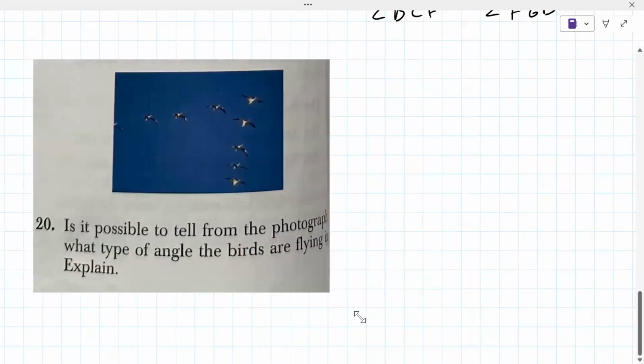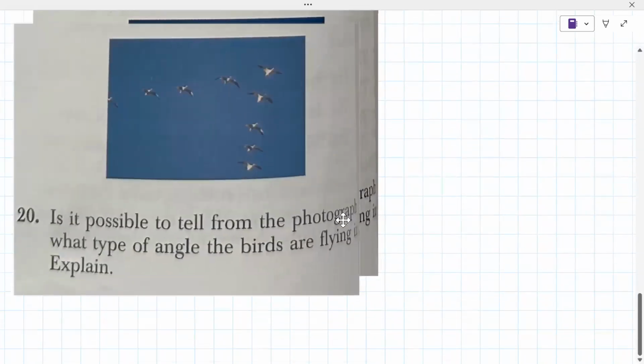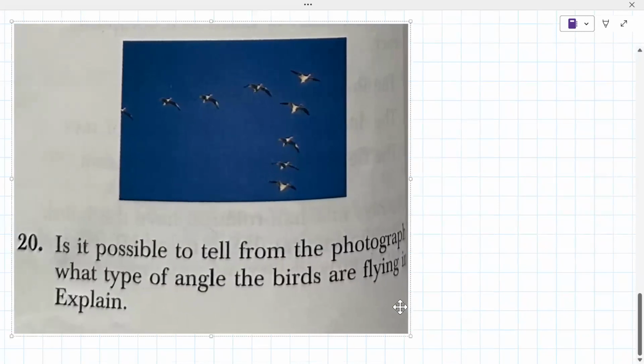Do you know much about birds flying in this orientation? I know about it, but I don't study it. What I believe to be true, and you can tell me if you know differently, is that the first one is helping all the others, and then they go back.